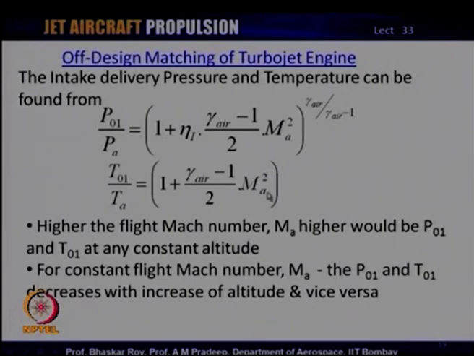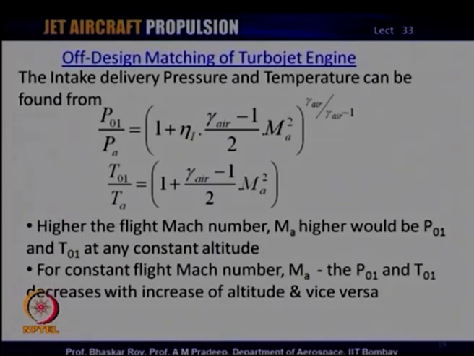Similarly, we can get the compressor entry temperature from the ambient temperature with which the flow is coming in, using the intake flow conditions. Now, at higher flight Mach number MA, the values of P01 and T01 would be higher and higher at any given altitude where PA and TA are constant. On the other hand, for a constant flight Mach number MA, P01 and T01 decrease with increasing altitude and vice versa.